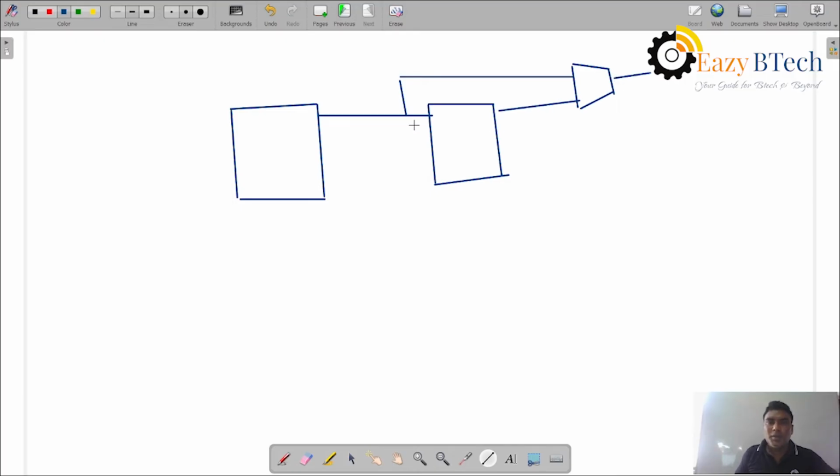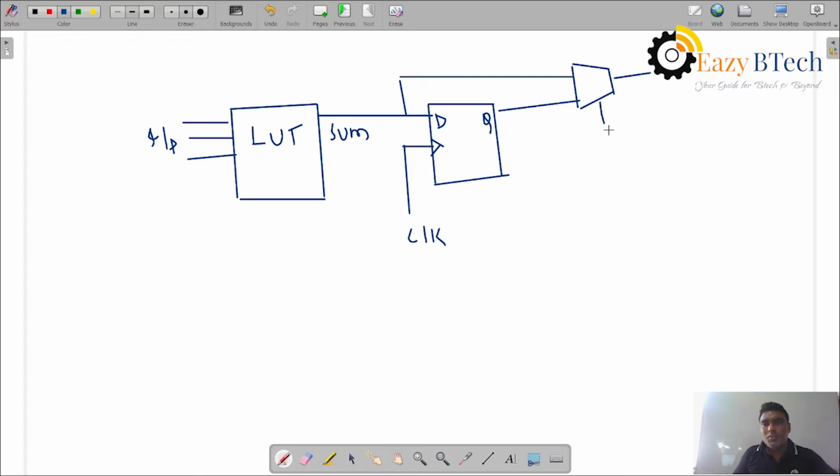This may be connected over here. We give the clock signal and a 3 input lookup table. These are the inputs, and let us take the sum value is given to this D flip flop according to the clock signal and by selection.